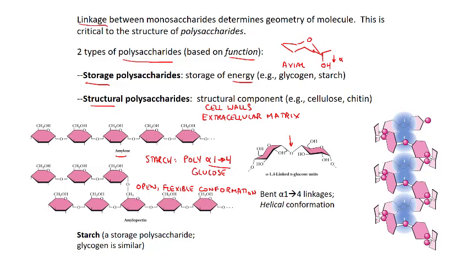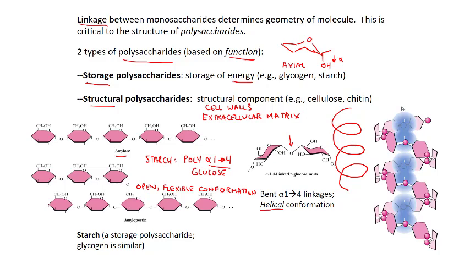And so as a result, if you extend this out over hundreds and hundreds of glucoses, you end up with this sort of open, wide helical conformation, something like this. It's not like an alpha helix in a protein, okay? Do not think it's like an alpha helix, because you'll notice over here that the sugars are so far apart they can't hydrogen bond with each other. So it's this big open structure that soaks up lots of water.